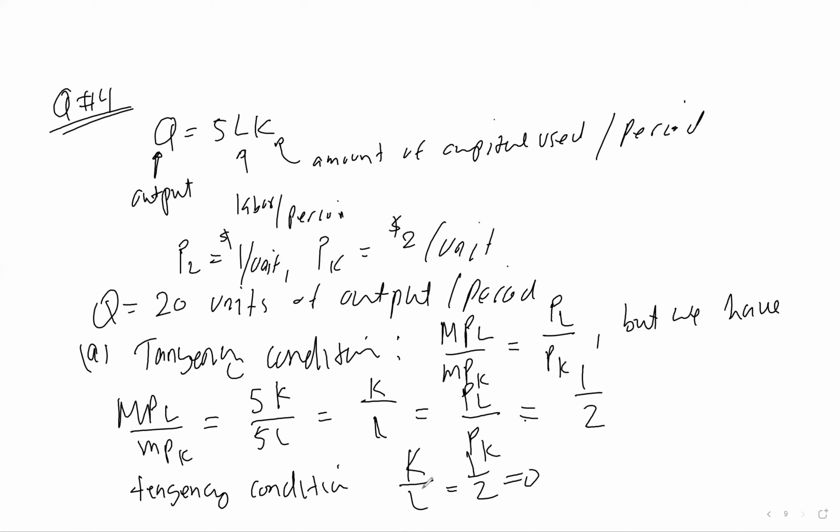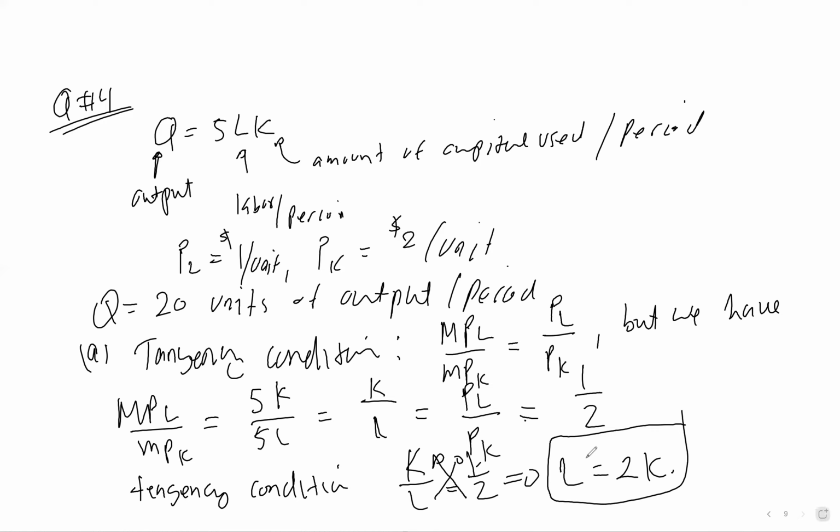By cross multiplying, we can get that L is equal to K. How did we get this one? We just cross multiply: 1 times L, 2 times K. So L is equal to K.